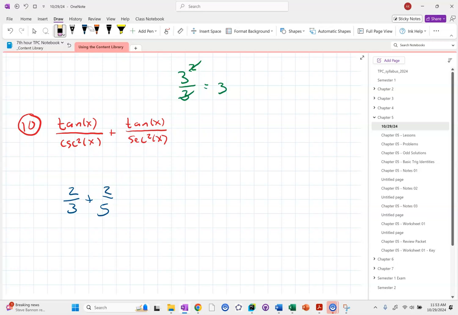For the blue problem first, 2/3 plus 2/5, what's the common denominator going to be? Okay, great. 3 times 5, right? 15. What's the common denominator going to be for the red problem then?